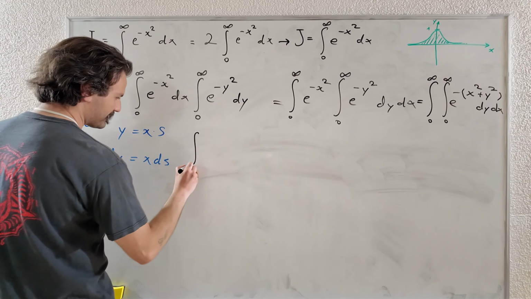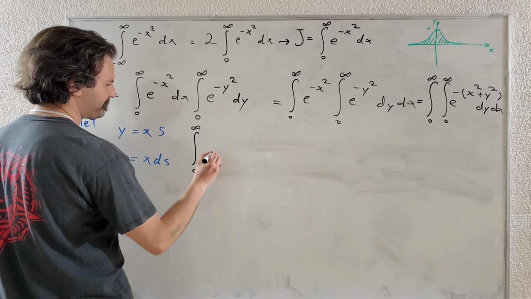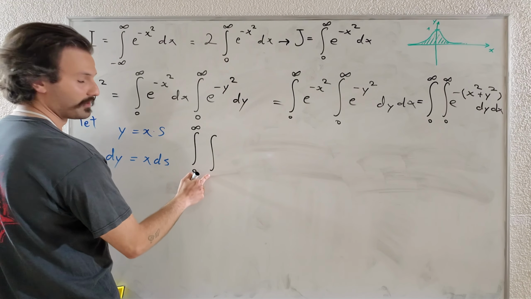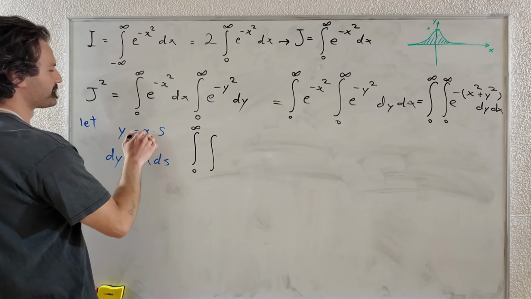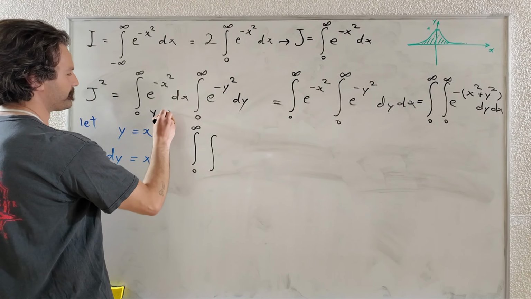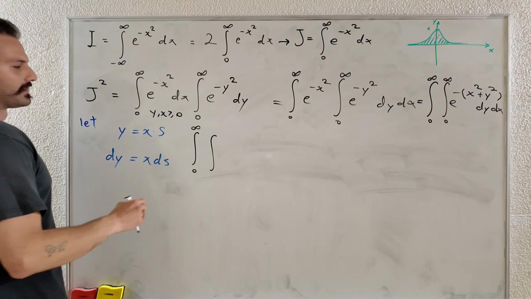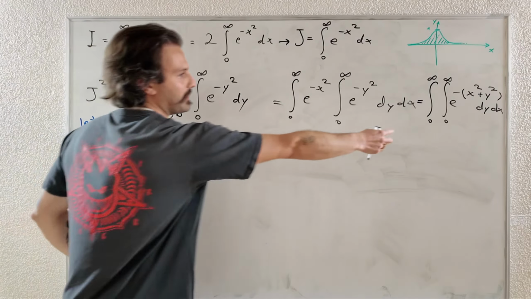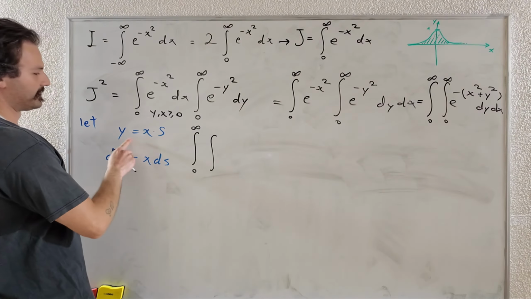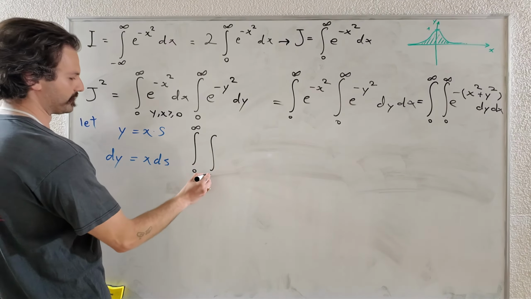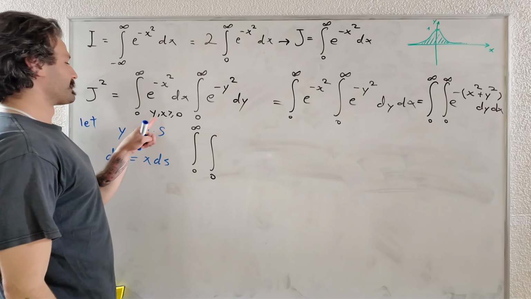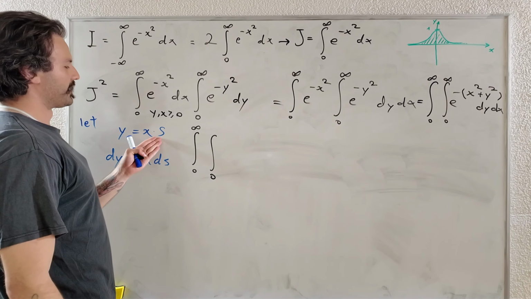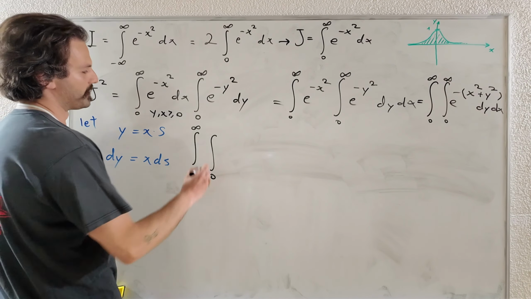So the outer integral is still from 0 to infinity, and for the inner one, you have to calculate the bounds. Since y and x are both greater than or equal to 0, if y equals 0, then s is going to be 0, right? And if y is positive infinity, since x is also positive, s is also going to be positive infinity.